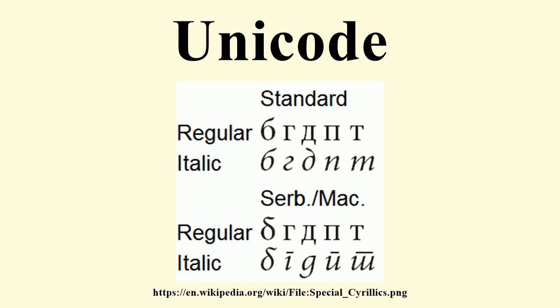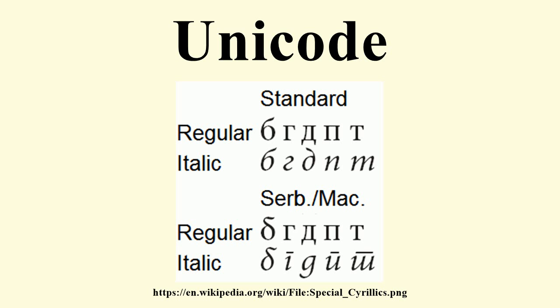Code points in the range U+D800 to U+DBFF are known as high surrogate code points, and code points in the range U+DC00 to U+DFFF are known as low surrogate code points. A high surrogate code point followed by a low surrogate code point together form a surrogate pair used in UTF-16 to represent 1,048,576 code points.